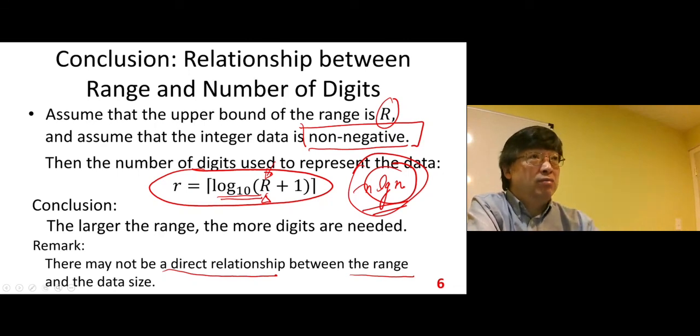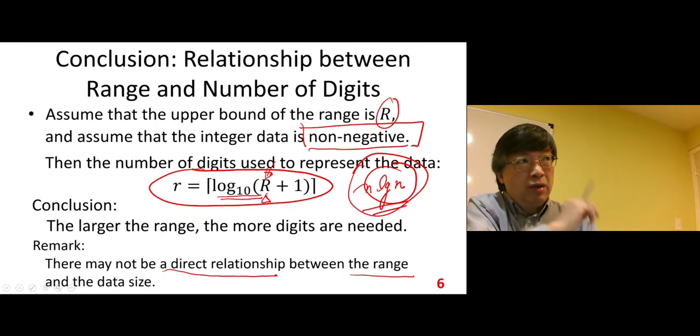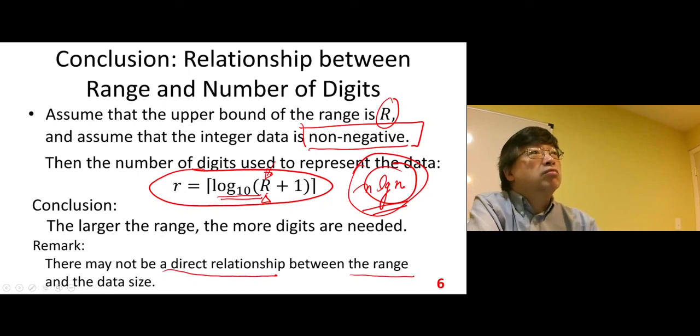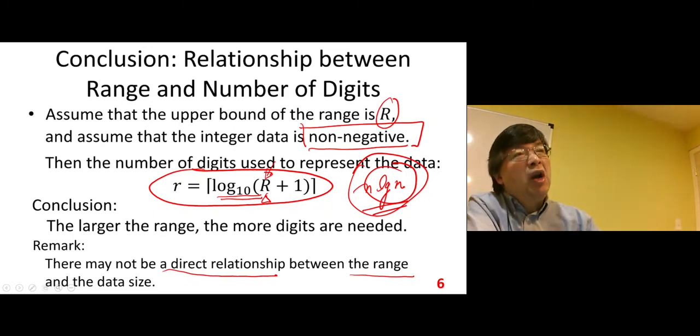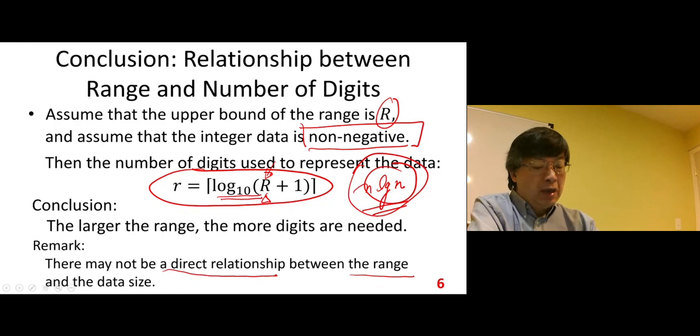There is no direct, strict relationship. We allow duplicate elements, right? That's why it is very hard to get a clear idea whether this method is always better than that one.